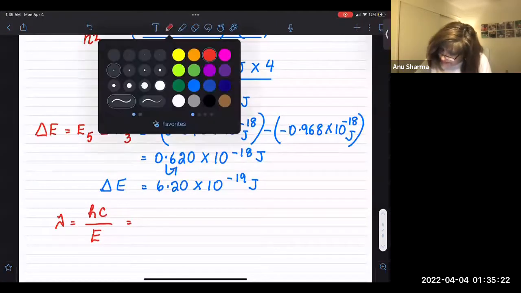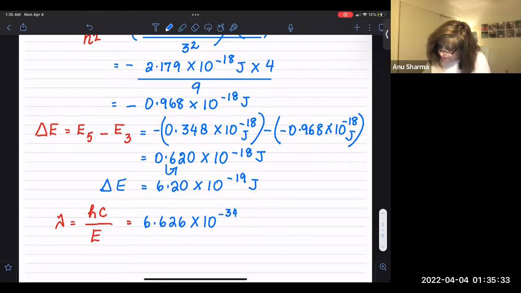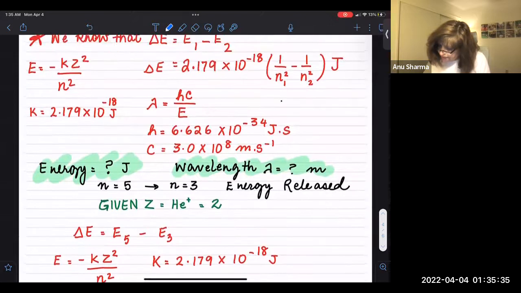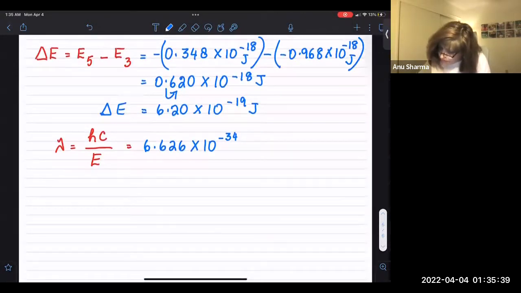So let's put this number here, 6.626 into 10 to the power negative 34 joules times seconds.